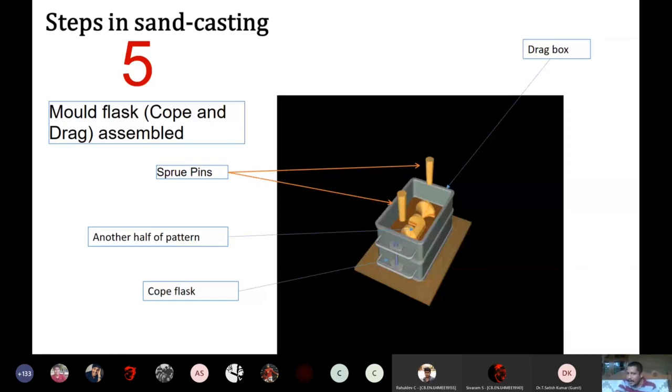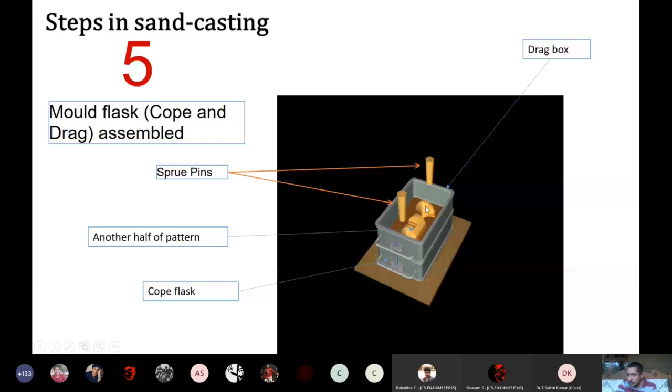So the sprue, you have to keep near your pattern in any easy location for the metal to flow into the pattern. And the riser, you will keep normally in the topmost portion of your pattern. If the topmost portion is this or this, that is the portion where normally you will keep your riser.